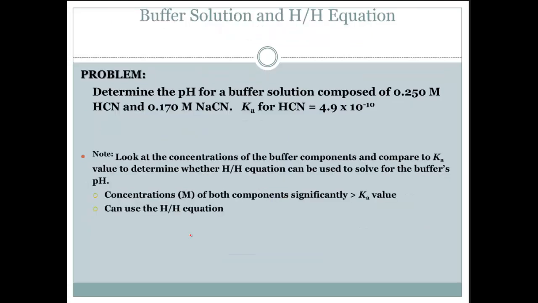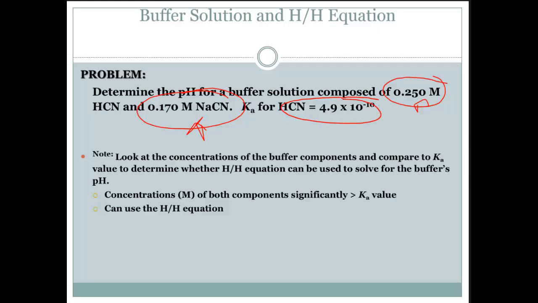Alright, so let's do a practice problem. Determine the pH of a buffer solution composed of 0.25 molar HCN and 0.17 molar NaCN. So this is our acid, this is our base, and here is our Ka.